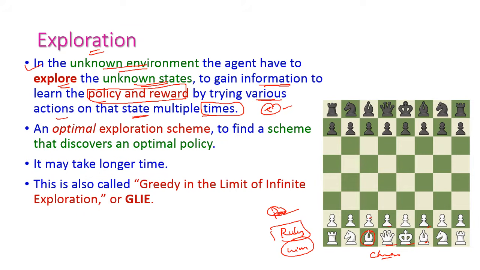And an optimal exploration scheme is nothing but to find the scheme that discovers the optimal policy. The agent itself has to learn the policy, and it may take a longer time. This exploration is also called greedy in the limit of infinite exploration, which is simply called GLIE.